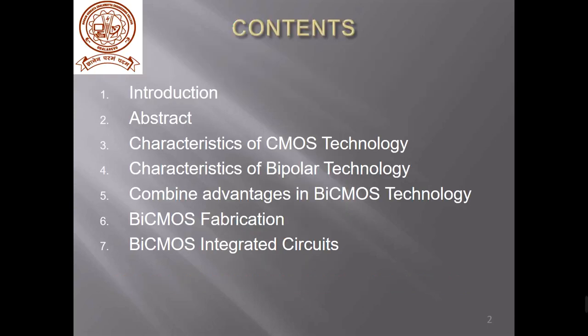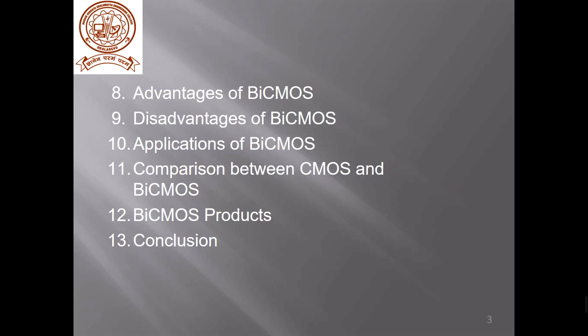Coming to today's contents, the list is: introduction, abstract, characteristics of CMOS technology, characteristics of bipolar technology, combined advantages in Bi-CMOS technology, Bi-CMOS fabrication process and Bi-CMOS integrated circuits, advantages of Bi-CMOS transistors and disadvantages of Bi-CMOS transistors, applications of Bi-CMOS transistors, comparison between CMOS and Bi-CMOS products, the list of different Bi-CMOS products, and finally conclusion.